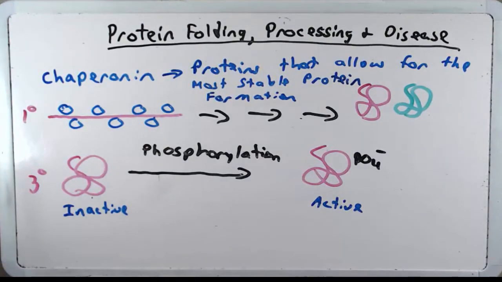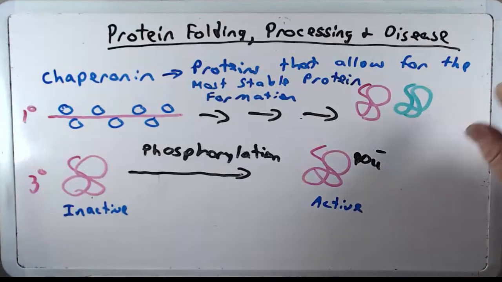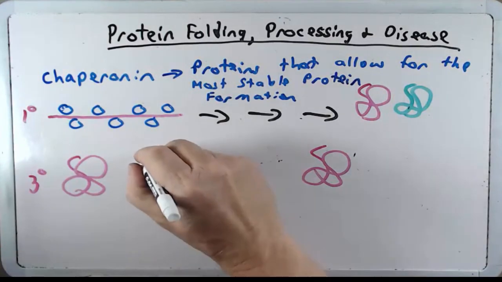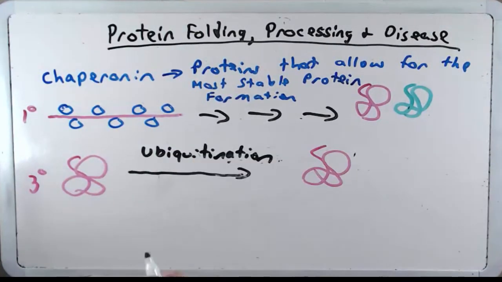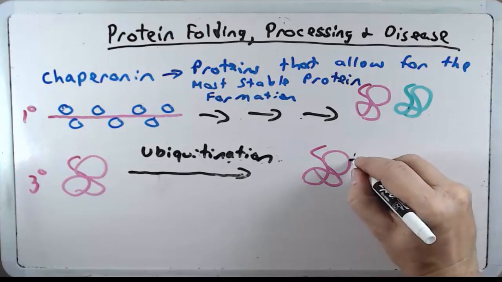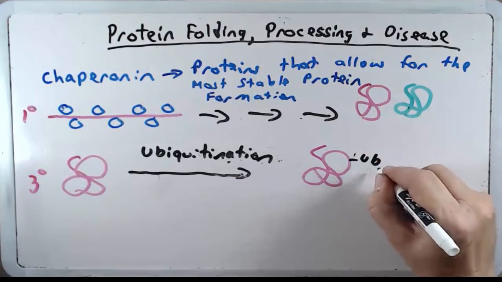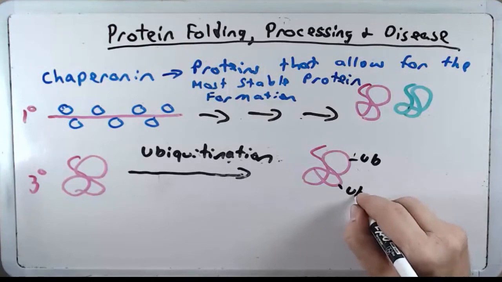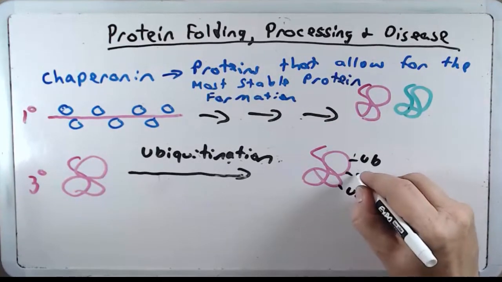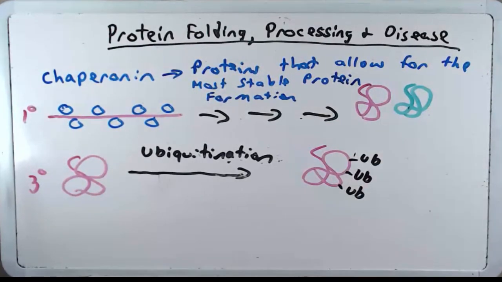All right, I do want to talk about one other way we can modify it, but it's not necessarily to activate it. It's sort of the reverse, and we're going to call this ubiquitination. And what we're doing here is we're adding what we call a ubiquitin group to it. In fact, when we do this to our proteins, we typically add a whole bunch of these ubiquitin groups.